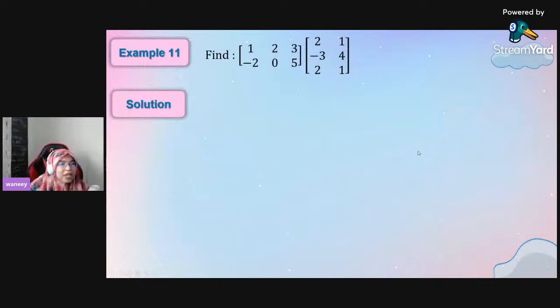Right, so now find. This is a multiplication between two matrices. Find 1, 2, 3, negative 2, 0, 5 times with 2, 1, negative 3, 4, 2. The way we calculate the multiplication between two matrices is that we have to take the rows and then we times with the column.